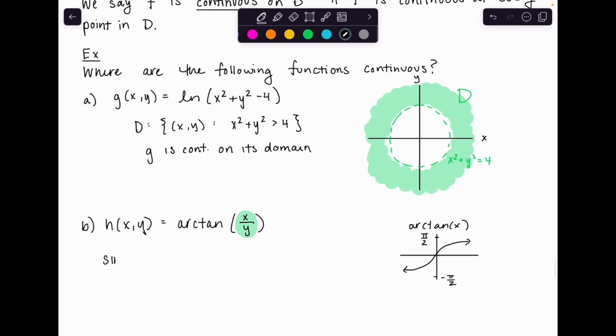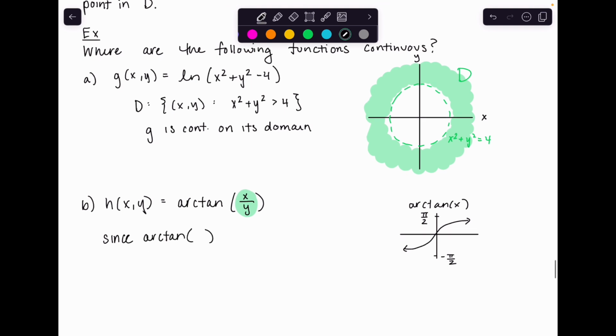So ultimately, since arctan is continuous for all real numbers, this multivariable function is continuous everywhere this inside function is continuous.